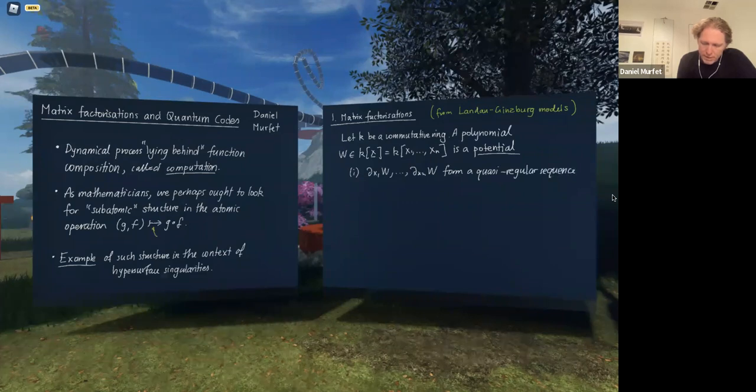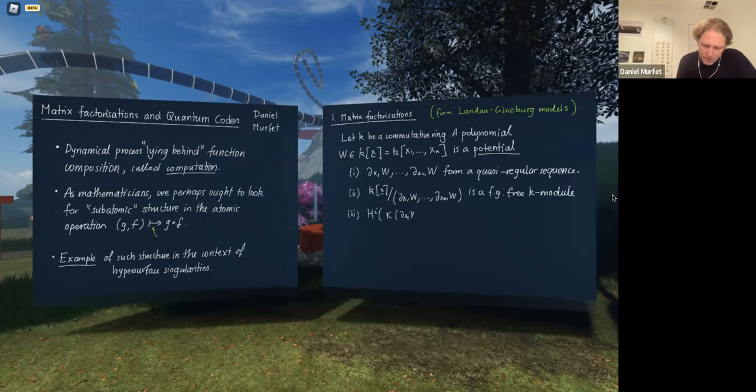Now, if you know what a regular sequence is, a quasi-regular sequence is just a slight weakening of that. Second, the Jacobi ring, so the coordinate ring of the critical locus of W, is a finitely generated free K-module. And thirdly, the sequence is what's called Koszul regular.